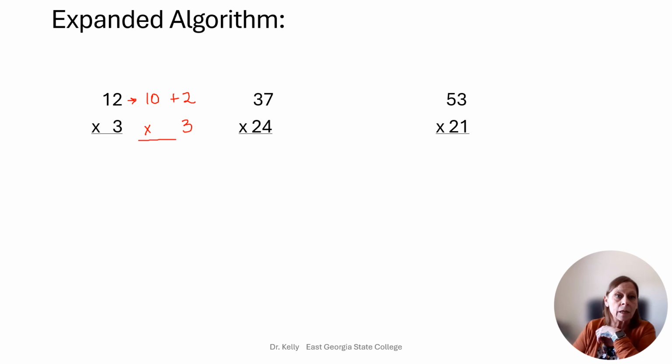And here's the idea. Everything has to be multiplied by everything. So we have 1 term on the bottom and 2 terms on the top, so we're going to have to multiply it by both. We're going to start off with 3 times 10, which is 30. And then secondly, we'll go 3 times 2, which is 6. And then we get to add those up.